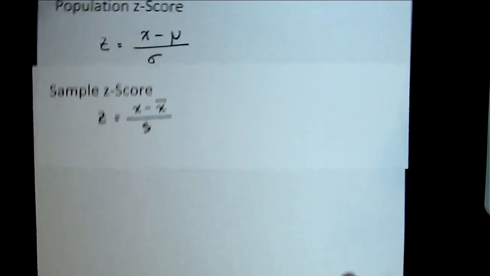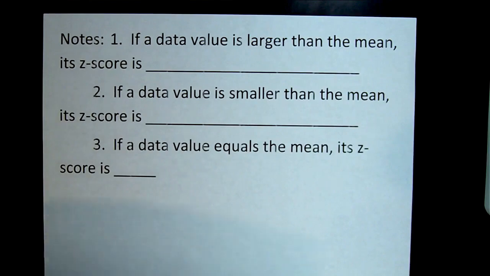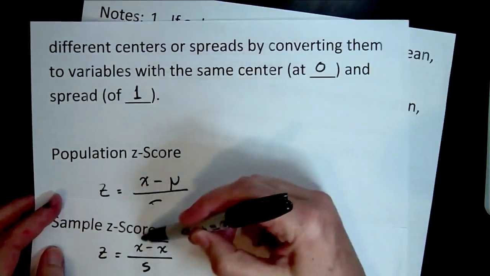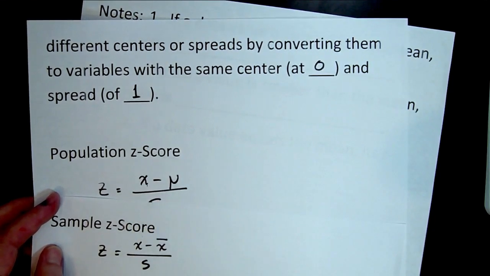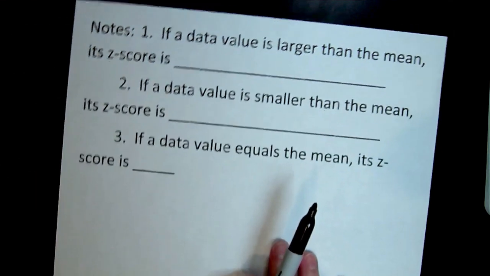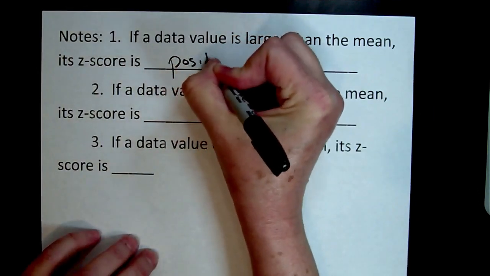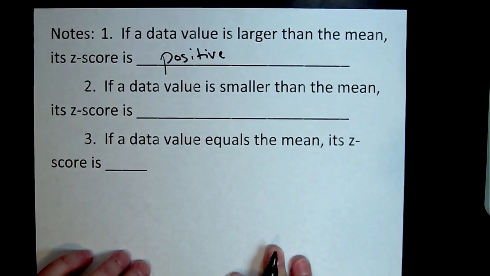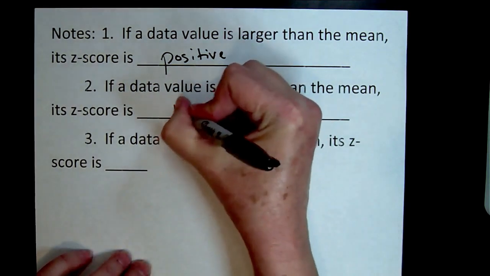A few notes about z-score before we see an actual example. If x is larger than the mean, notice x minus mu will be positive. So if the data value is larger than the mean, its z-score is positive. If a data value is smaller than the mean, then x minus mu is going to be negative, so its z-score will be negative.